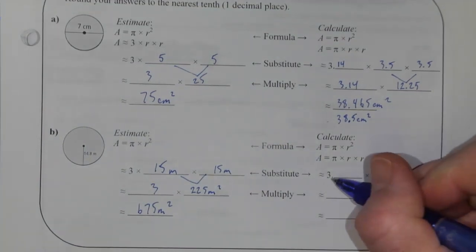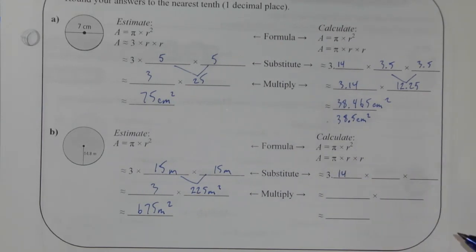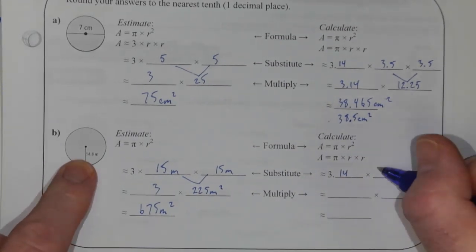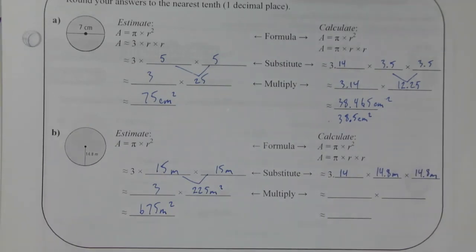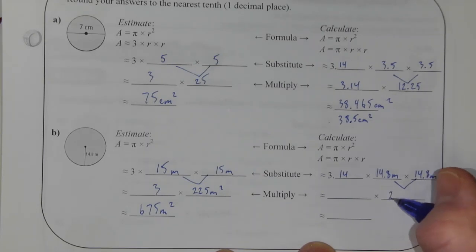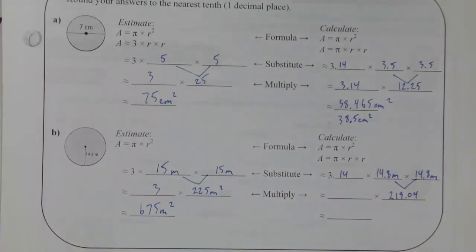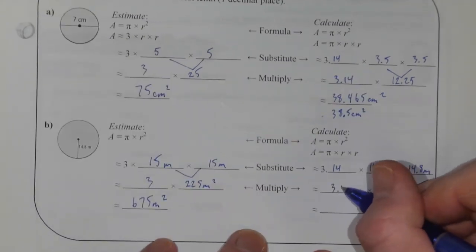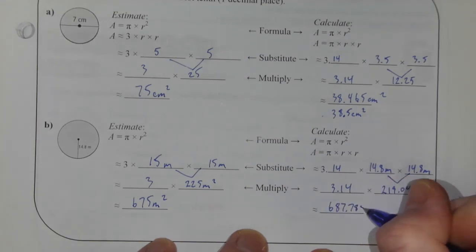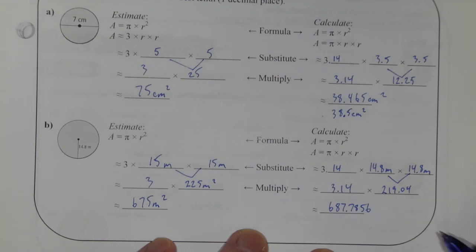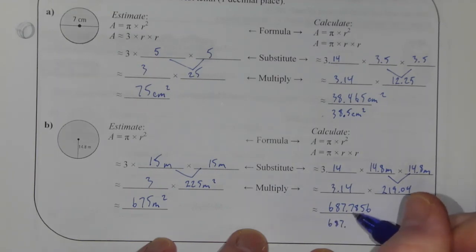Let's look at my calculations. 3.14 for pi times 14.8 meters times 14.8 meters. So 14.8 times 14.8 gives me 219.04, and then multiply that with pi, and you're going to get an answer of 687.7856, but we're going to 1 decimal place, so that's 687.